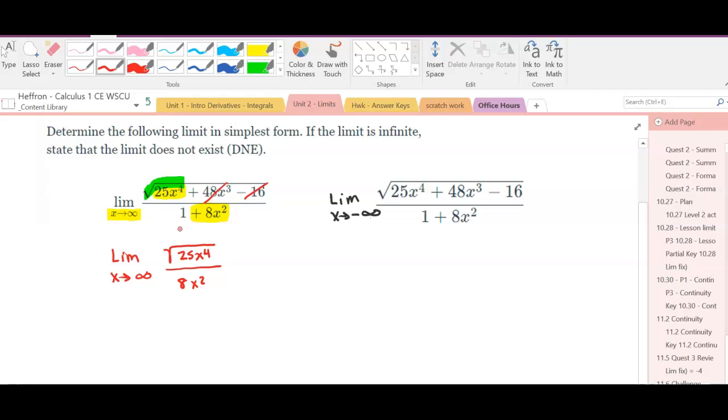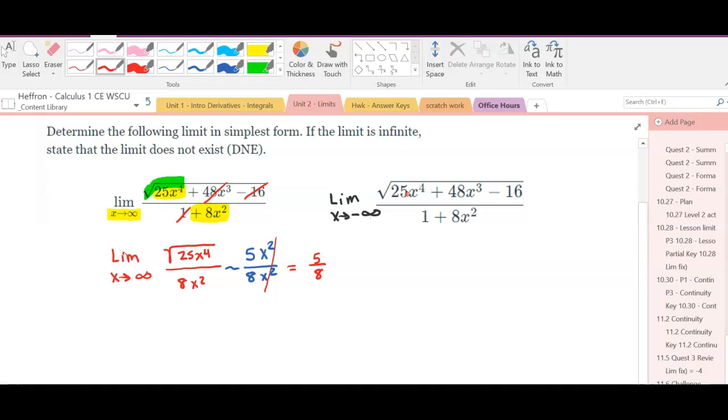We've ignored everything that's not the biggest term. Well, the square root of 25 is 5, and the square root of x to the fourth is x squared. The x squareds will cancel out, and my answer will be 5 over 8.